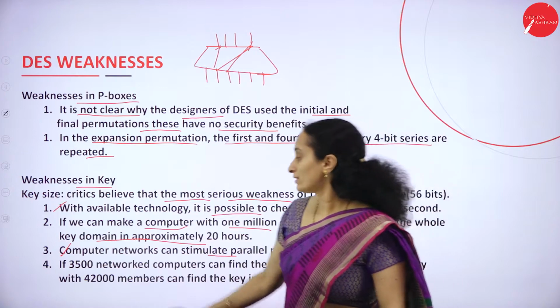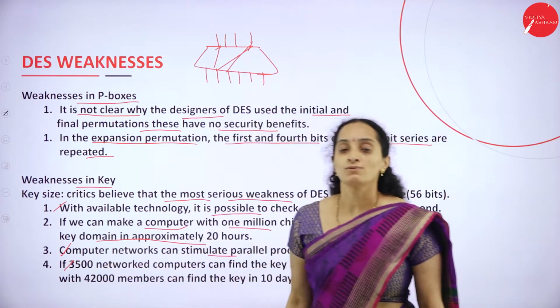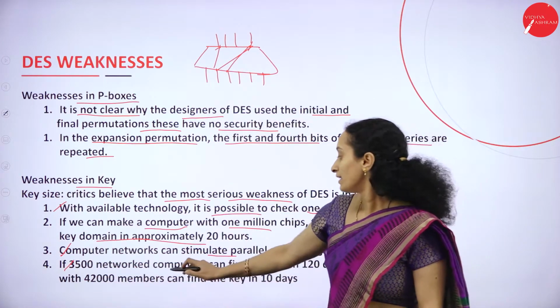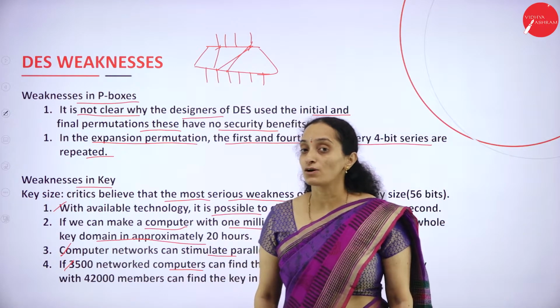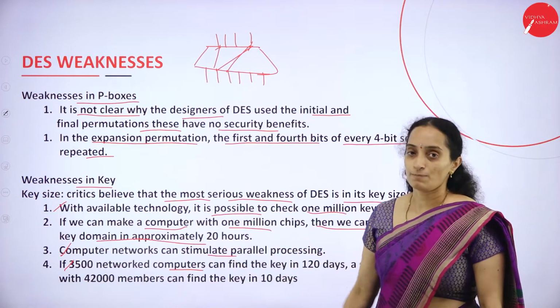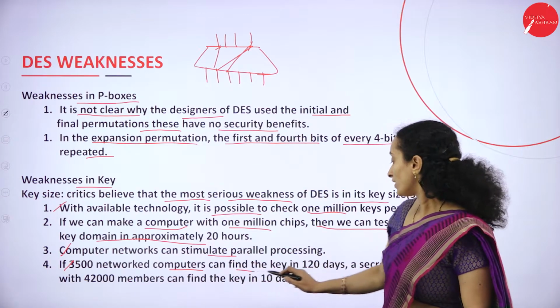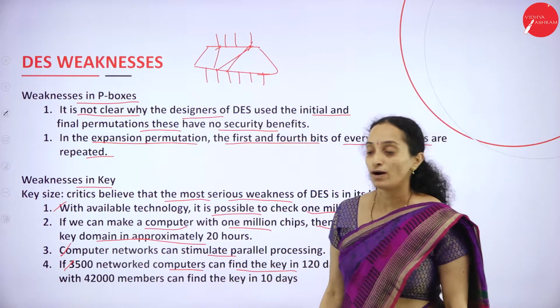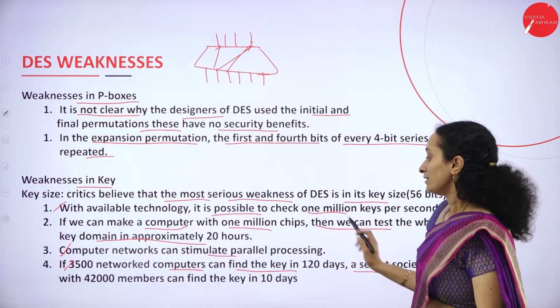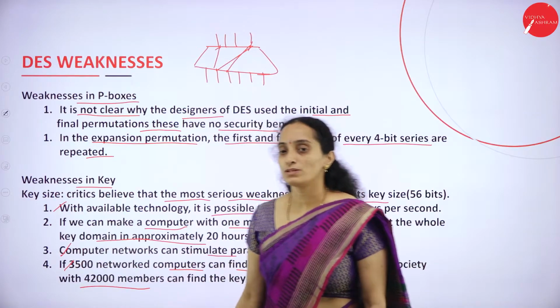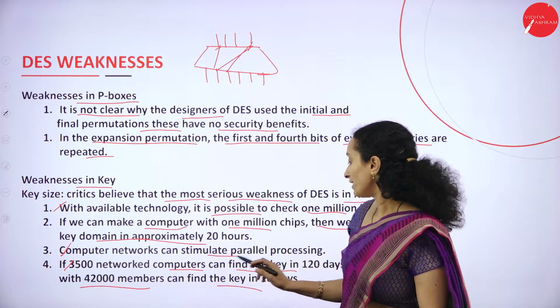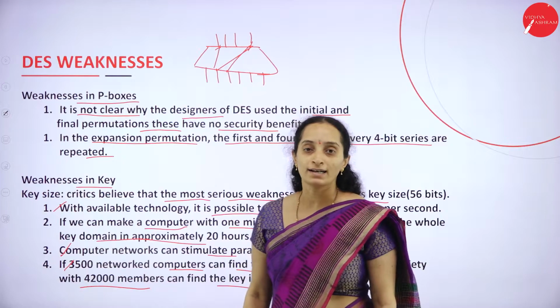The fourth thing is, if you have connected 3,500 computers through a network, you can find the key in 120 days. A secret society with 42,000 members can find the key in only 10 days.